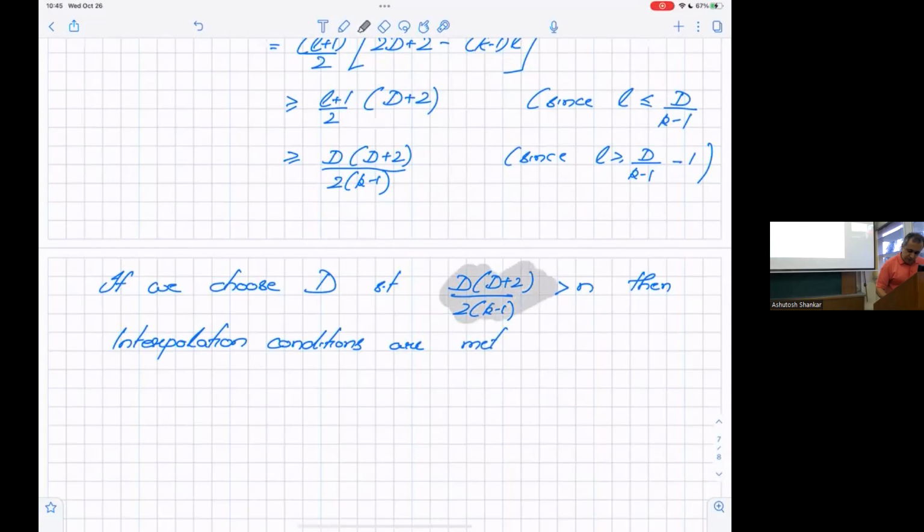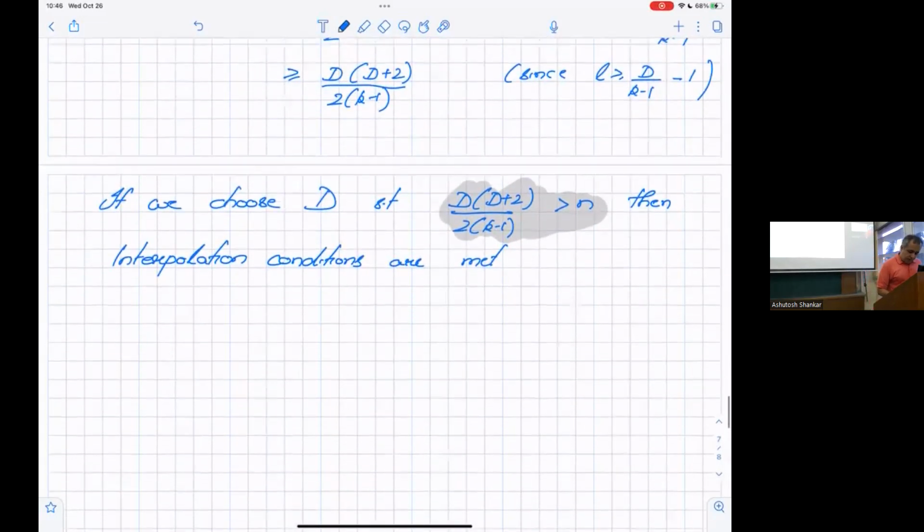Notice d is the floating parameter. We need to get rid of d. So let's set d. We want d to satisfy this. d should also be larger than k, and we want t to be as small as possible. So we want the smallest d that is going to satisfy this one.